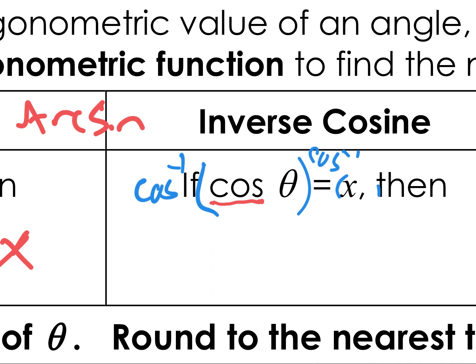To cancel a square root, I square. Whoops, wrong way. I square it and it cancels out. That gives me x. Same thing here, okay? So when I use the inverse cosine on both sides, out pops theta equals the inverse cosine of x.